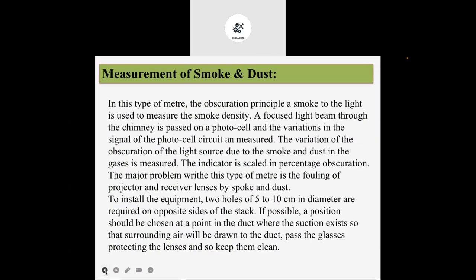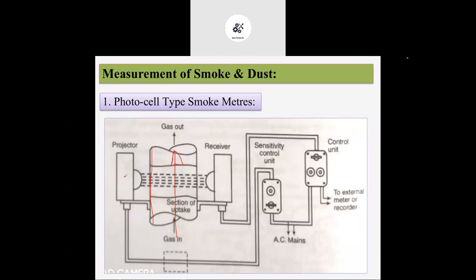Similarly, there is another meter which is used to measure the dust particles. This one is a simple one. Here we are using one projector or emitter and one receiver. Light will be passed through this particular pipe where the flue gases will be flowing, and we measure how much light is diffracted by the smoke particles using the receiver.